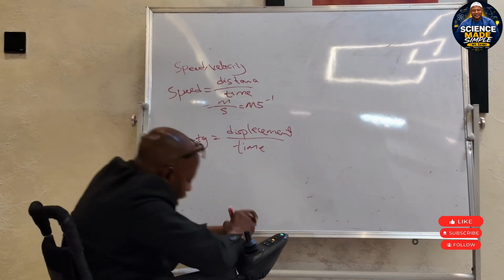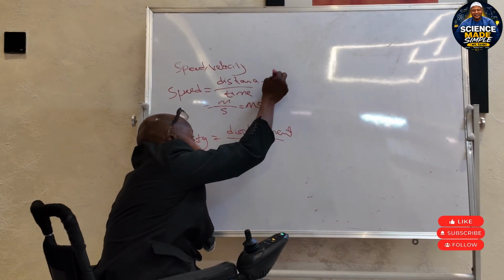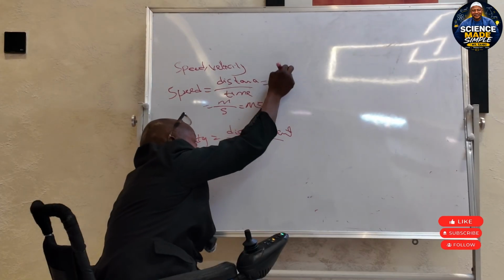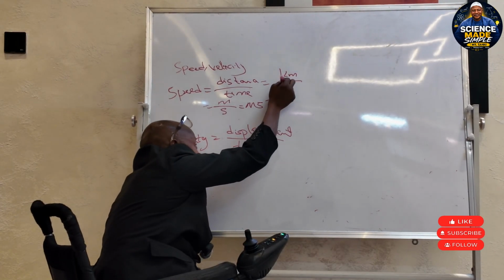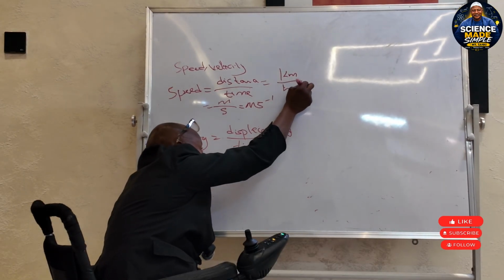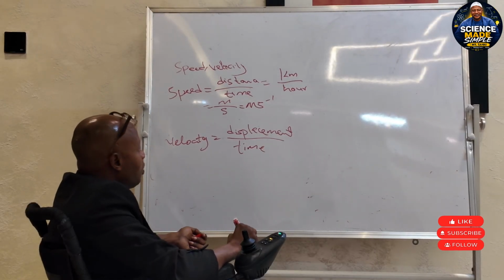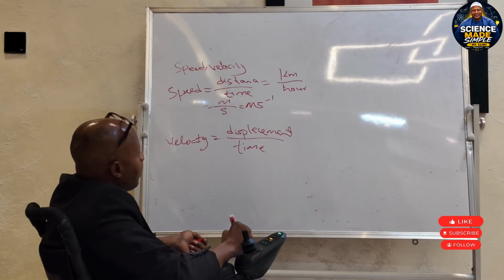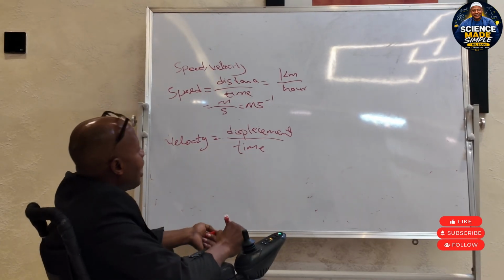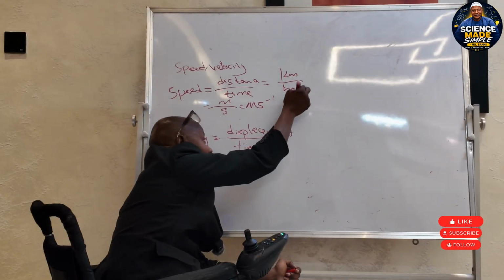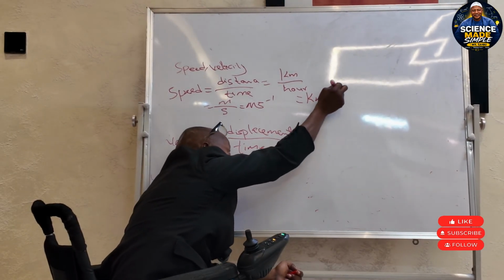But in our usual daily activities, when our motor is going, we usually calculate the distance in kilometer while the time is in hour. You check your speedometer in your car, you see that it is calibrated in kilometer per hour. So the unit of speed is also kilometer per hour.